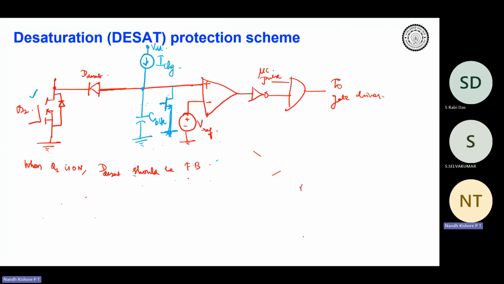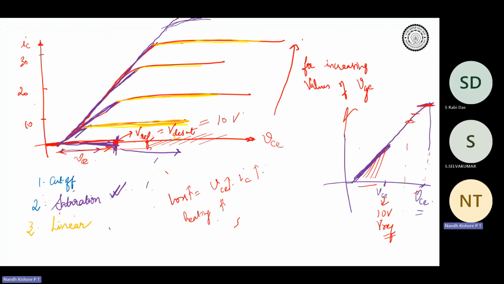So the idea was that if we can go back a few slides, yeah, under normal operation of the MOSFET or IGBT, you are expected to operate somewhere along these violet colored lines, right? That is in these regions. It can be over here or somewhere over here, correct? So this is during normal operation.